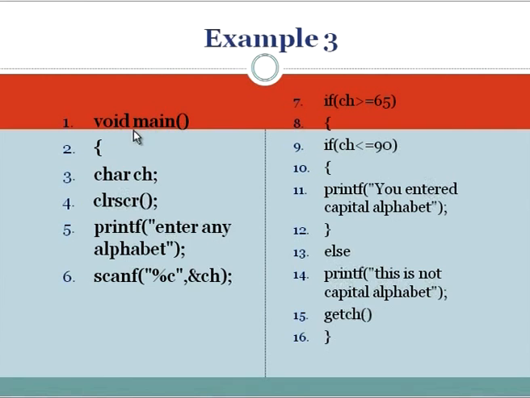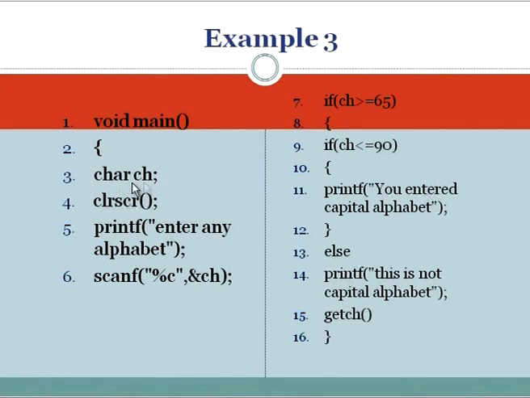Let's study another example for the nested conditions. Write a program to determine whether a character entered at runtime is capital or not. Here, in this case, our required input is a character so that we could evaluate whether it is a capital alphabet or not.